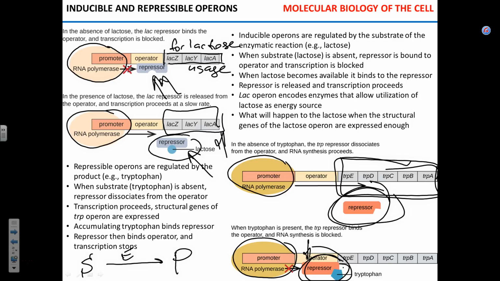Repressor goes away from operator, and the entire system starts to work again. Yeah, bingo, that's negative feedback. In both cases, it's negative feedback. So, repressible operons are regulated by the product of the enzymatic reaction. Does that make sense?